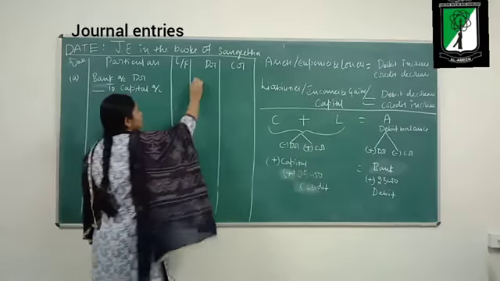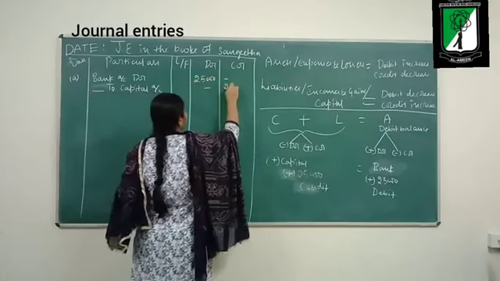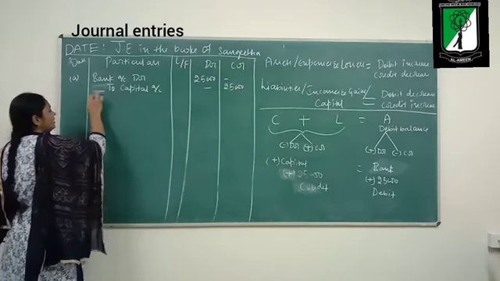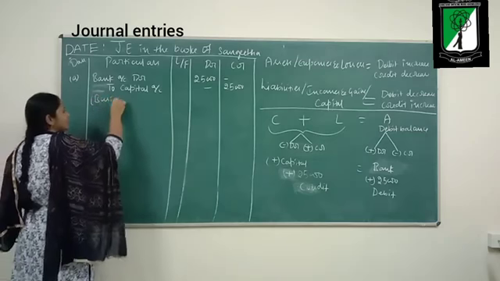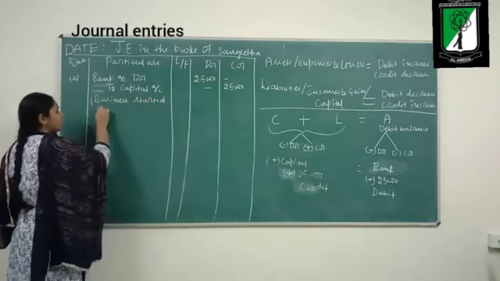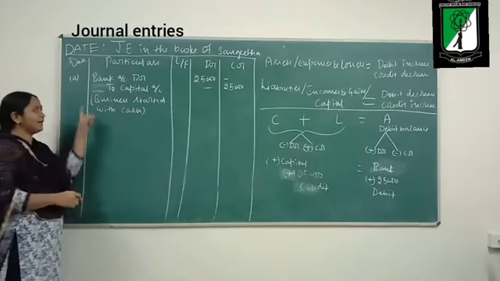What is the amount? 25,000. What is the narration? Business started with cash. So this is the narration. What is narration? A brief explanation of an entry.